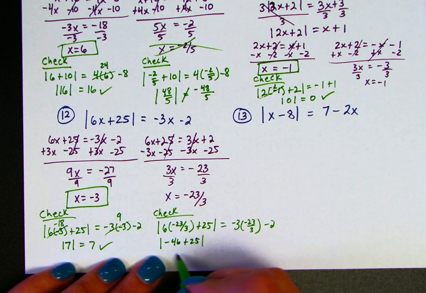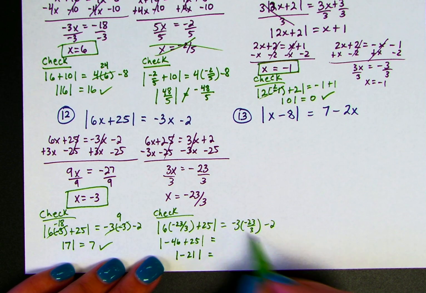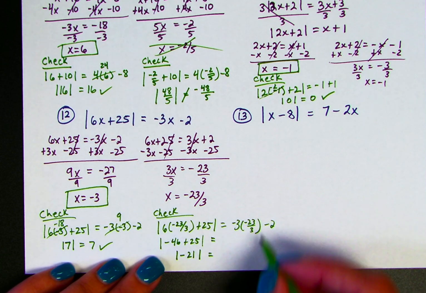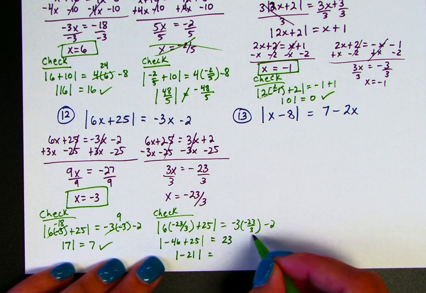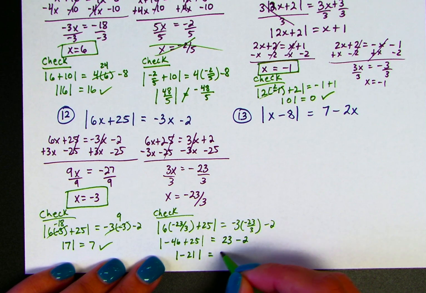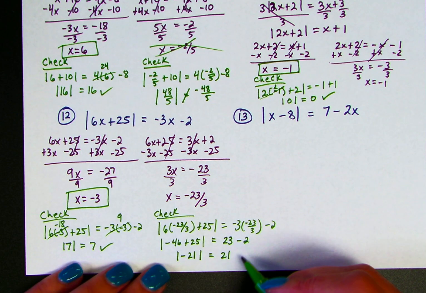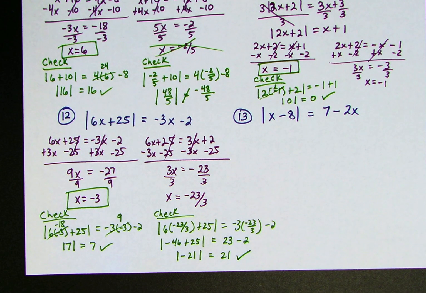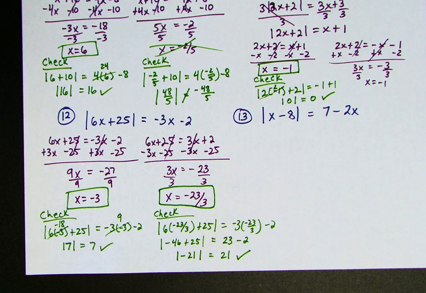So that will be a -21 in our absolute value. And then here, those 3's cancel out, and a negative times a negative is a positive. So this will be 23 minus 2, which is 21. So the absolute value of -21 is positive 21. So this is also a true statement. So that means that this is a solution. So this time both solutions work, so we need to make sure that we are circling both.